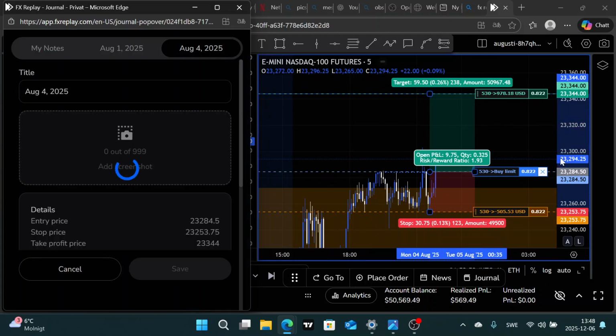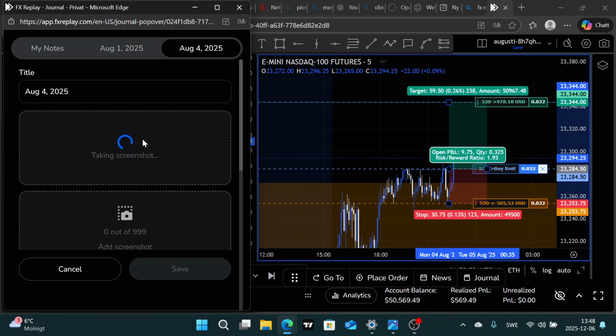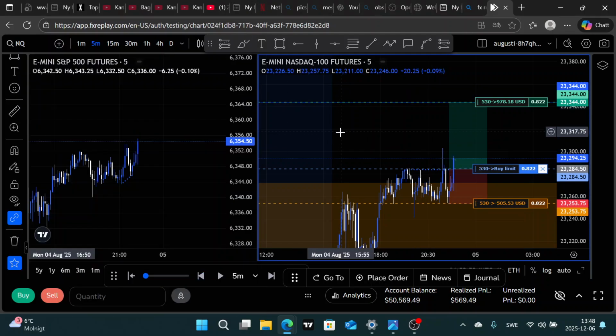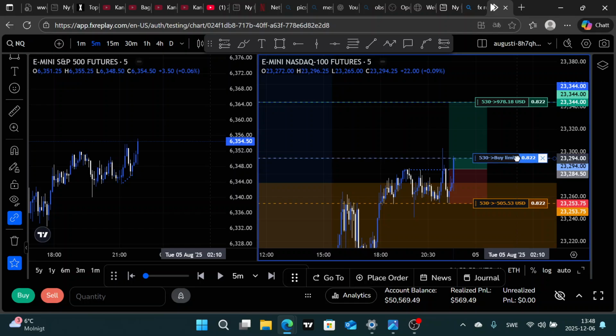So here we go. I usually take a picture of what trade I take to journal later. So let us see. Buy limit is right here.